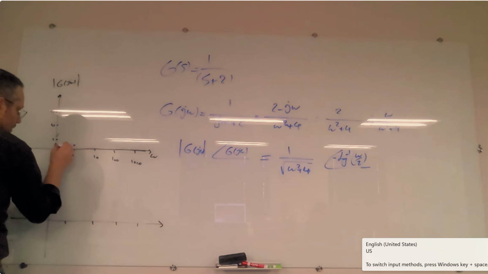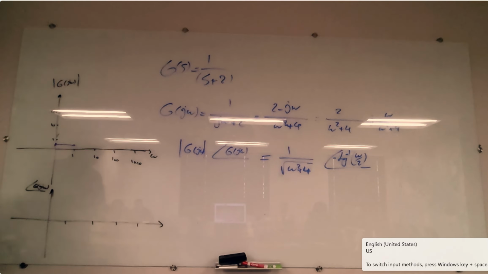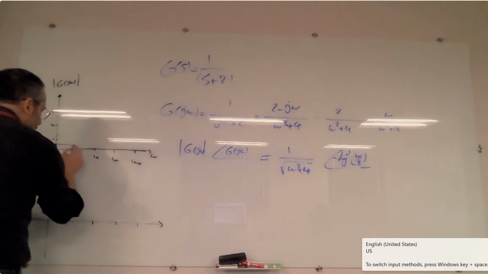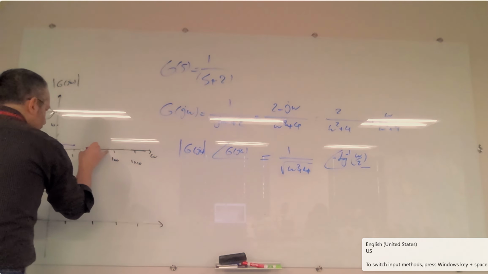So far, this is our trajectory. If I put 10, it's going to be 1 over the square root of 104, sorry, which is 0.098, let's say 0.1. So it's here.